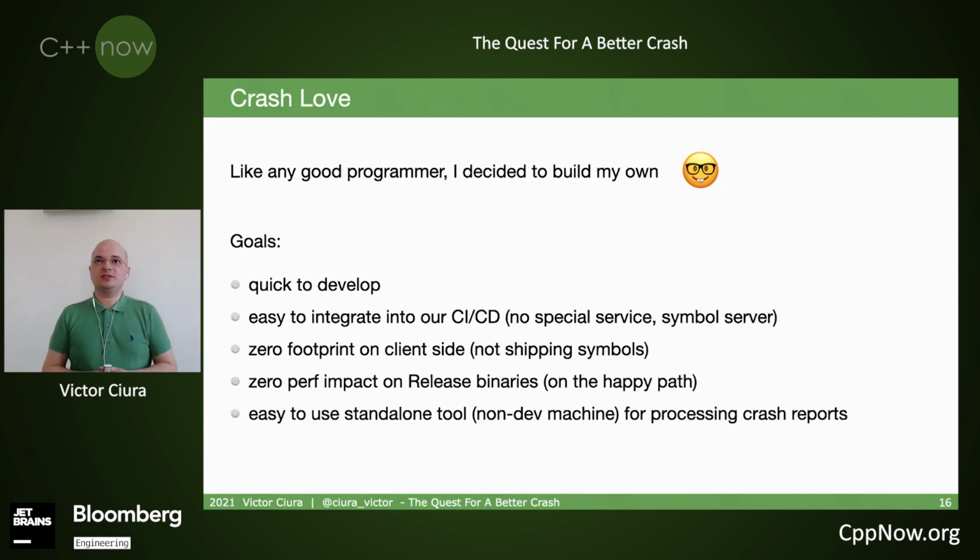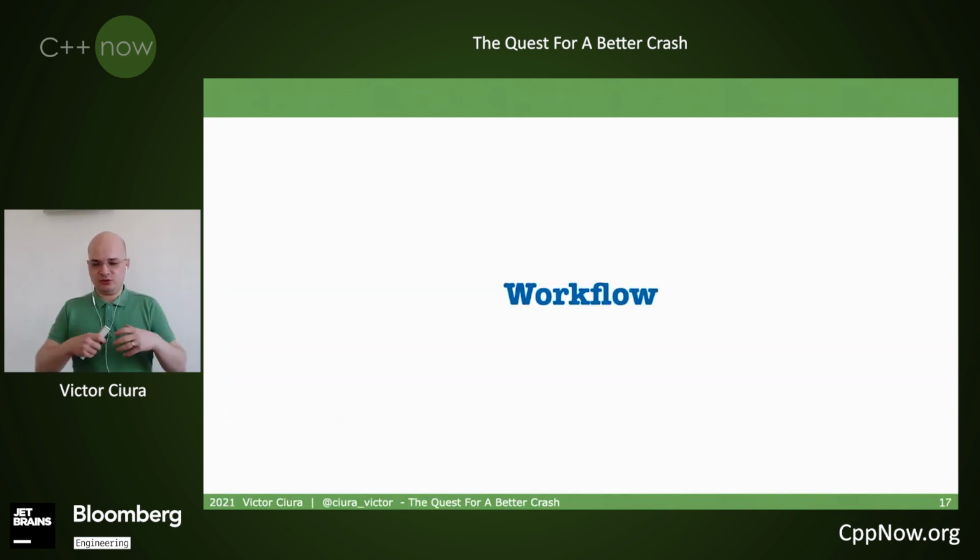And easy to use as a standalone tool on a non-developer machine for processing crash reports. I'm going to talk later on about triaging and harvesting these reports on non-developer machines. So this needed to be addressed with a standalone tool that's easy to use and integrate in a support workflow.